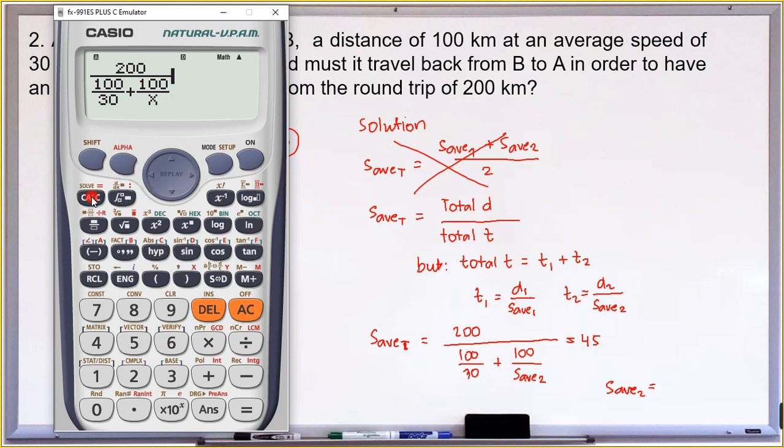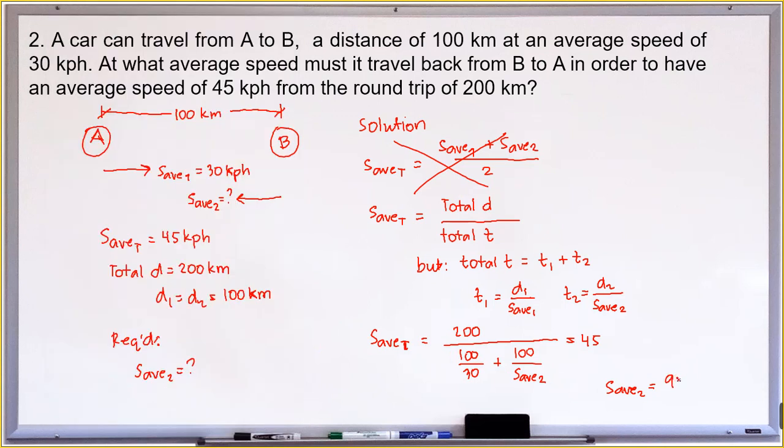Tapos alpha press calc for the equal sign, tapos type 45. To execute shift solve, shift tapos calc. So calc equal, so the result is 90. So therefore ang average speed sa pagpauli nimo is 90 kilometers per hour.